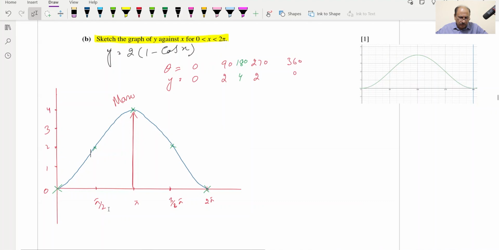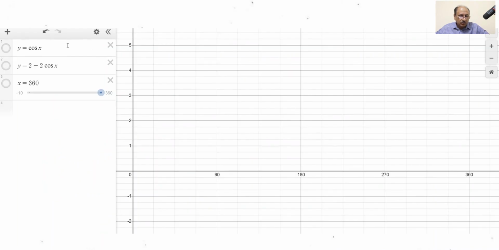These are available. This is the software which I'm using. You can use any other, and keep in mind these types of software are not available in the exam. So this is for your practice. You can practice at home, and this will improve your skill level and understanding of graphs.